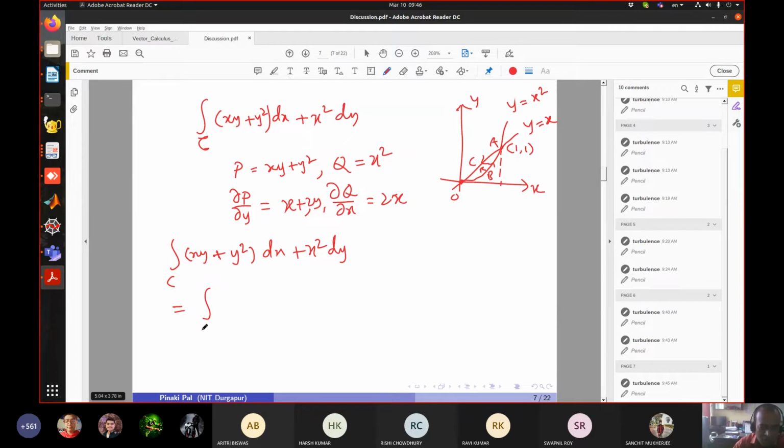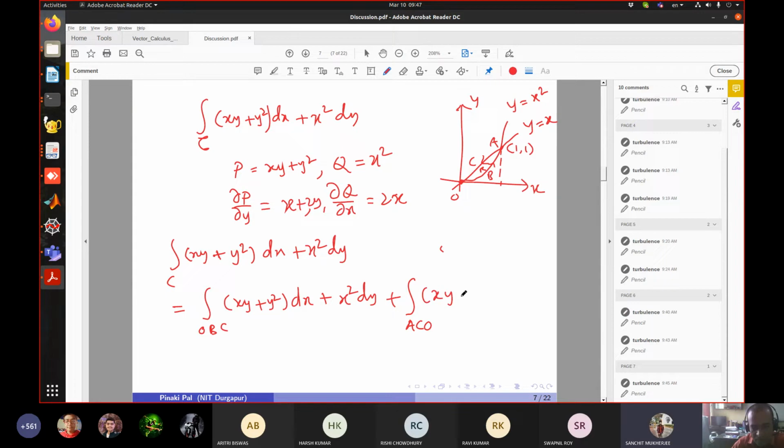The first part will be the integral on the curve OBA, that is on y equal to x square, of (xy plus y square) dx plus x square dy, plus the integral on AO, same function.